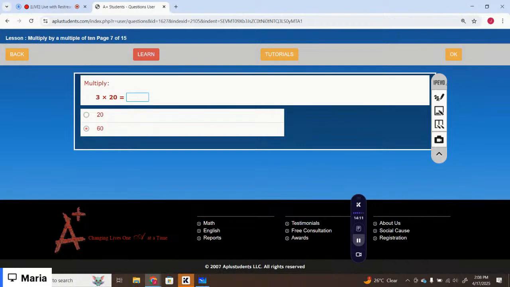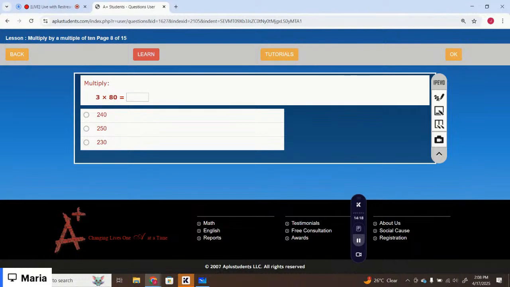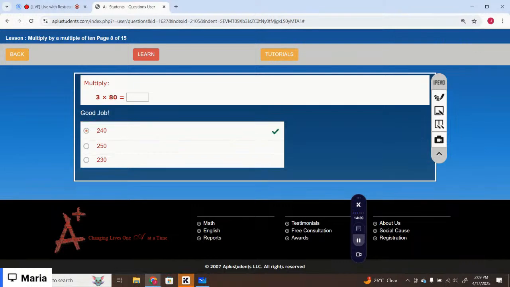Very good. 60 is option number 2, the correct option. 3 times 80. So which is the correct option? Three times 8 is 24. So that is 240. Option number 1 is the correct option.